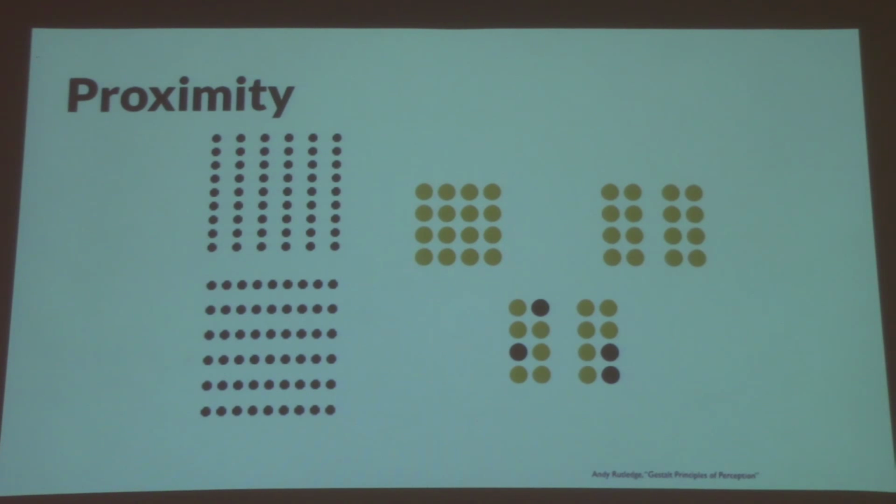In this case here, because of the proximity, we perceive this as columns, but we don't really think of this as rows. These here, in contrast, are clearly perceived as rows in this example. And again, we have a hierarchy of features. Here we have a square of circles, and then we separate it spatially.